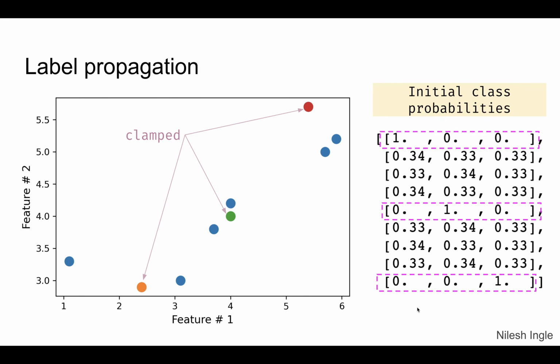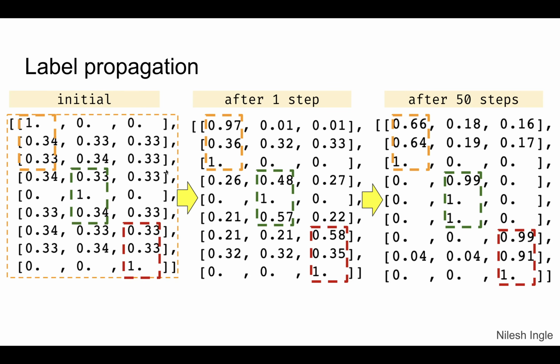Now, as we iterate through the label propagation, after the first step itself, we see that the probabilities change substantially. In the first three rows in the first column, we see that there's a shift. The 0.33 values have now climbed up. This one has gone up to 1. Similarly, this set is changing, and this set is also changing.